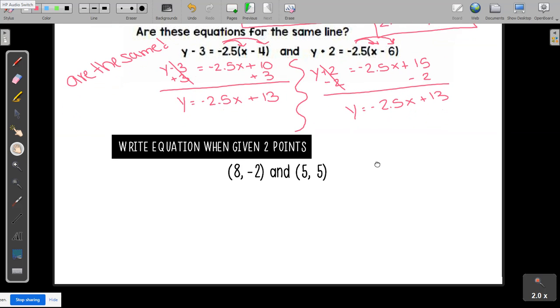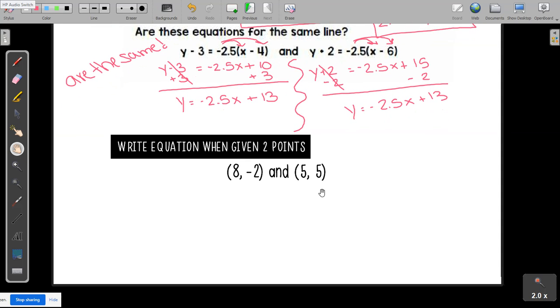The last thing we're going to look at today is writing an equation when given 2 points. And we need to have this in our point slope form. So y minus y1 equals m times x minus x1.